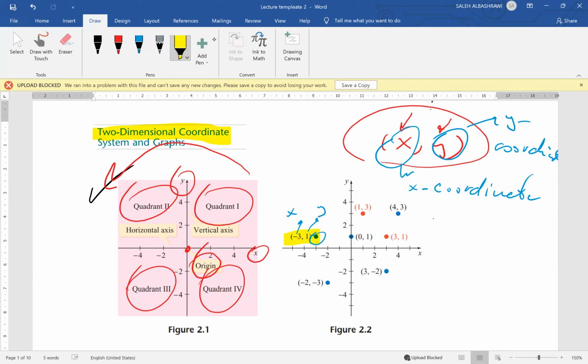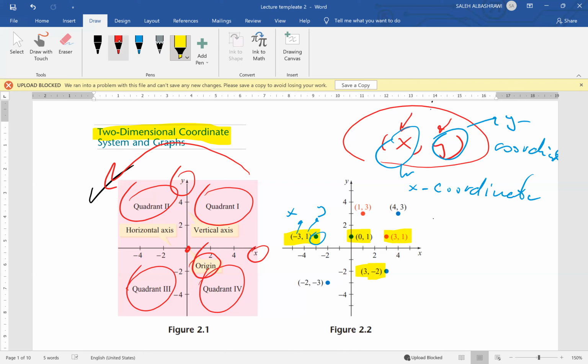For example, the point 0 and 1: the x coordinate is equal to 0, and the y coordinate is equal to 1. This point is 3 and 1: the x coordinate is plus 3 and the y coordinate is equal to 1. This point is 3 and minus 2: the x value is 3 and the y coordinate is minus 2.